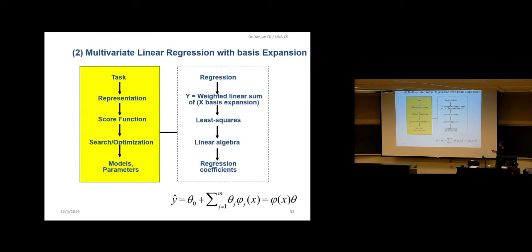Then the second is multilinear regression with basis expansion. Everything else is the same as multivariate linear regression. The only thing changed is that y is not a linear summation of x, but a linear summation of the basis expansion of x. The only difference versus linear regression is the representation.